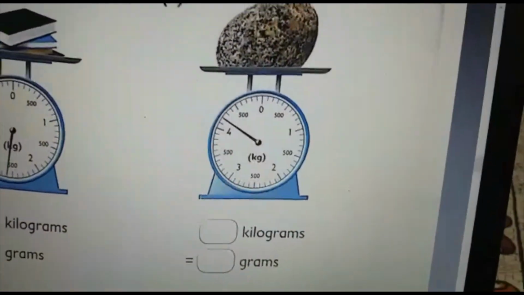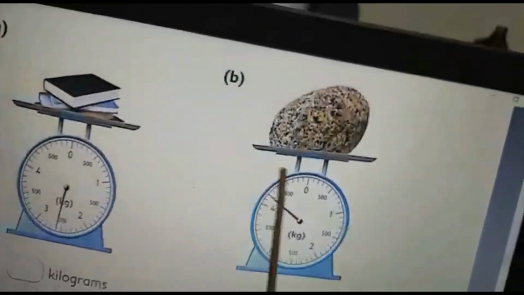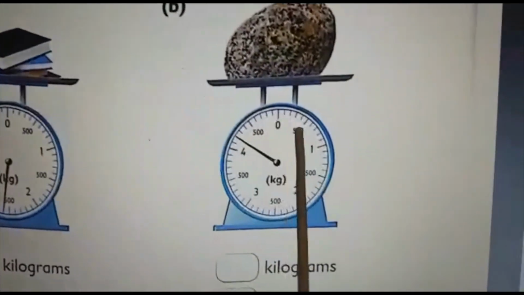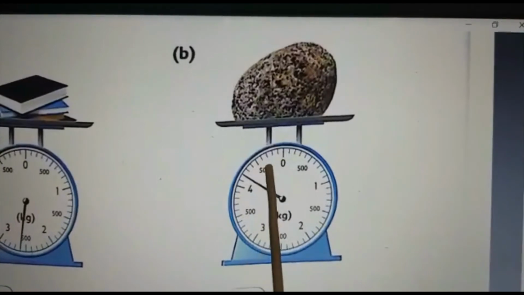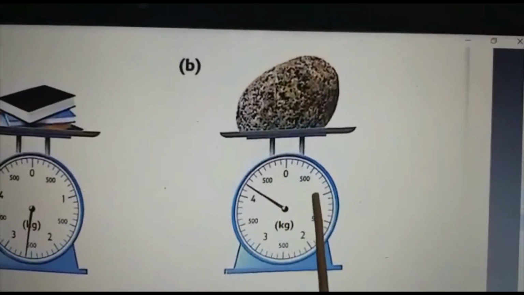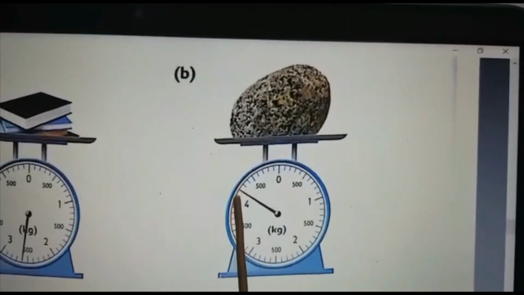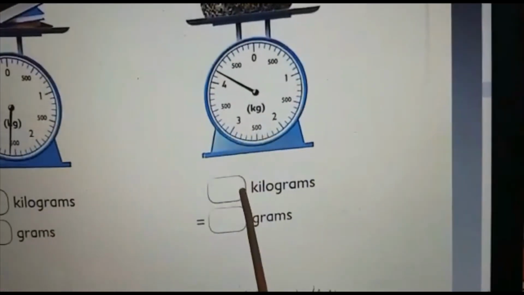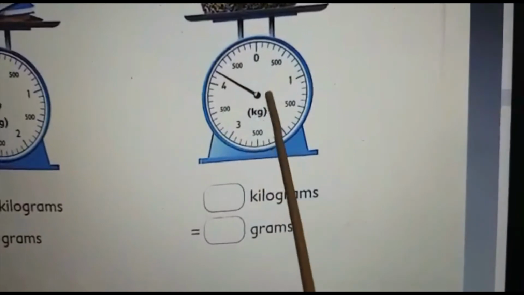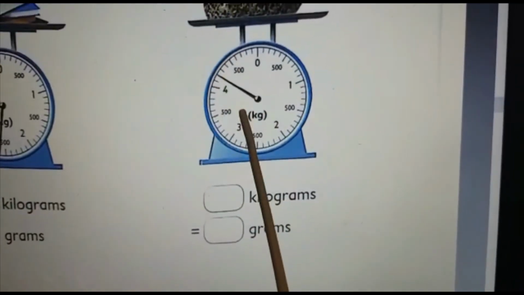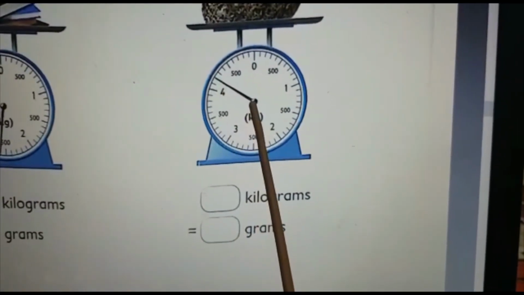Come to the next one. See, you can see a jackfruit there. So how much is the weight of that? 1 kilogram, 2, 3, 4, 4.2. It is 4.2 kilogram. Is it? And that is how many grams? 4.2 kilogram: 4 kilogram means 4000 gram.